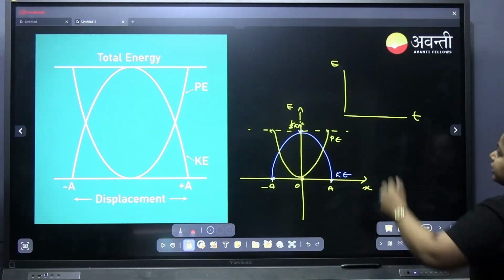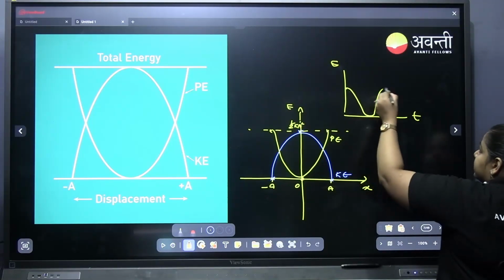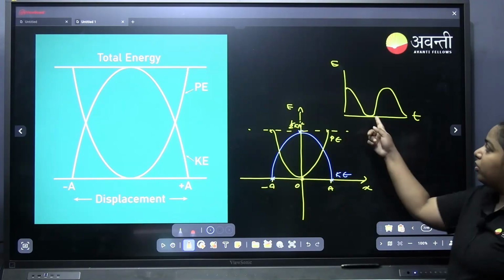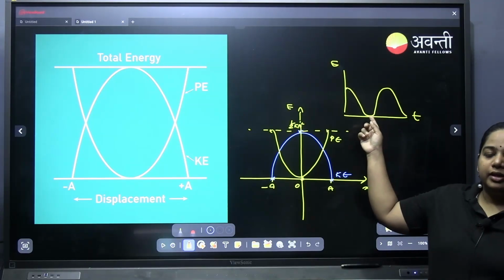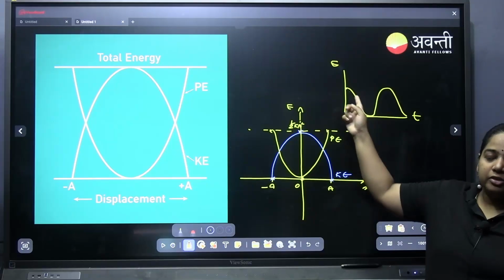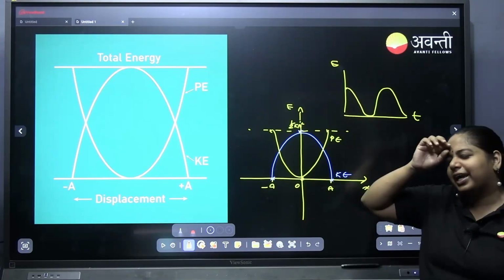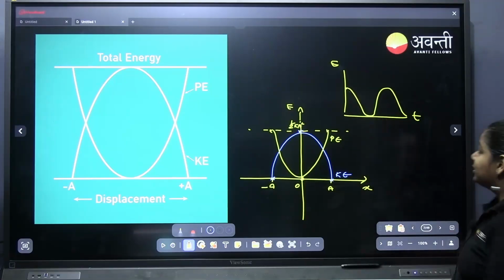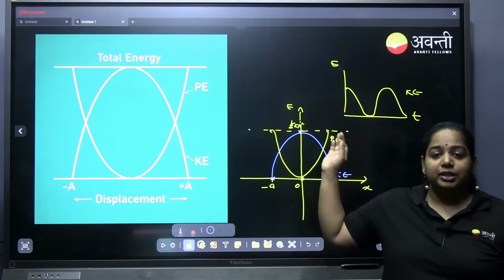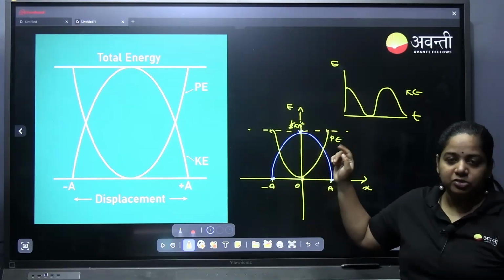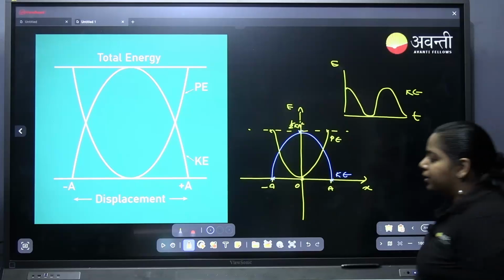So, kinetic energy you will get like this. 0 at extreme position and maximum at mean position, and again this is kinetic energy. So, we said that it is starting from mean position.